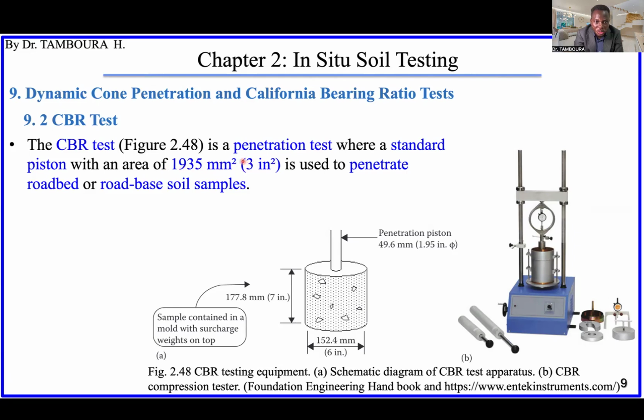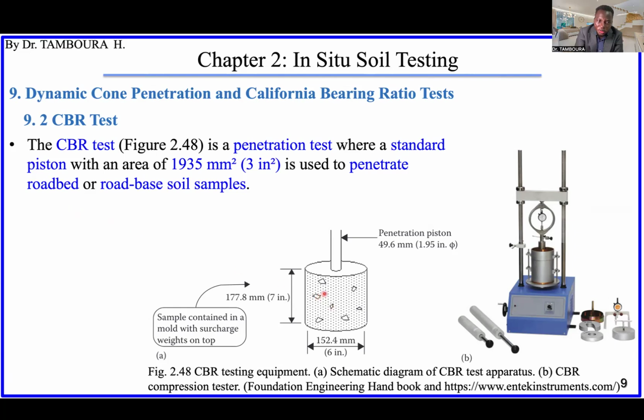The original book from where I took this was in inches, so please convert. Conversion is sometimes not perfect, so that's why in some books you will maybe not get this in millimeters. Okay. But anyway, this is the cross-sectional area of this piston. And this piston is pushed into the soil sample to penetrate. Okay.